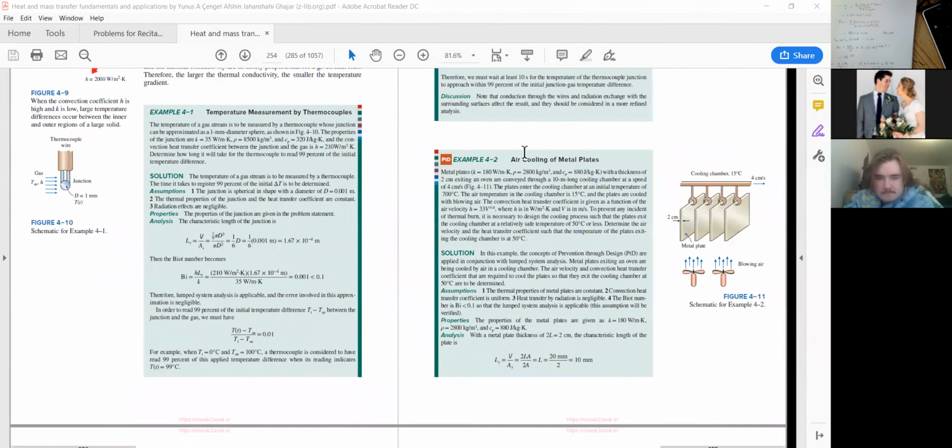This is a similar example to the one we're trying to solve. It says here that metal plates with a thickness of 2 cm are exiting an oven.